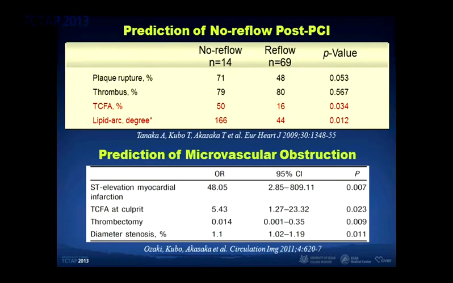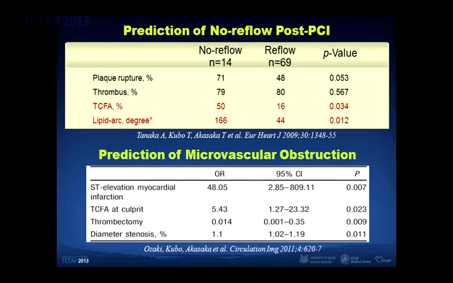And the prediction of procedural complication is very important. There are several pilot studies, as you know. If you find a thin cap fibroatheroma at the site of culprit, and also the lipid arc is larger than 2 quadrants, there is a high risk of no reflow or slow flow during PCI.